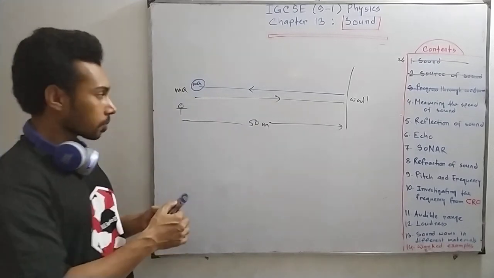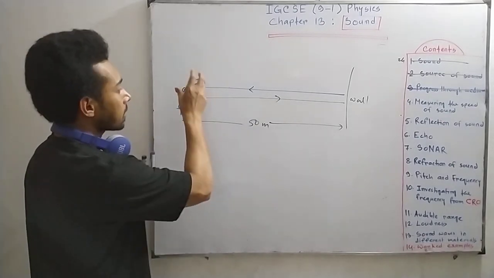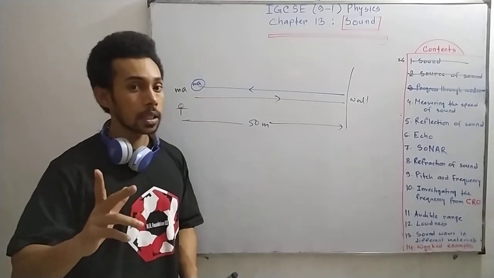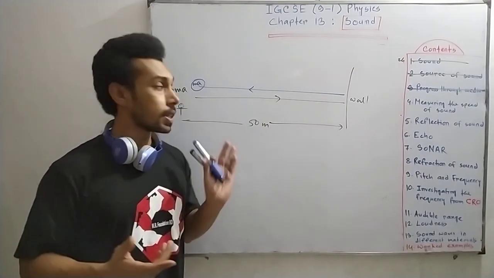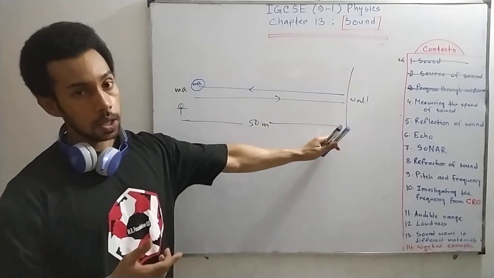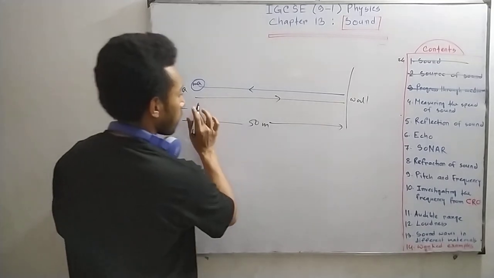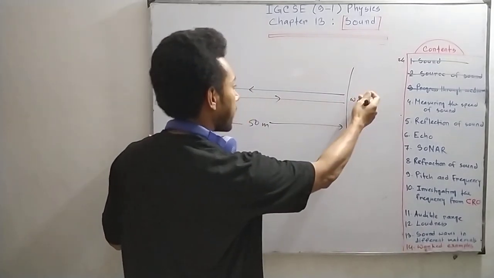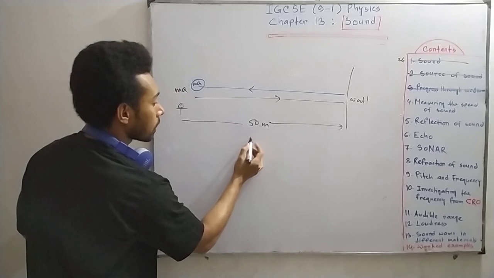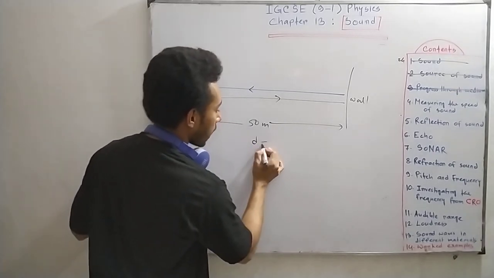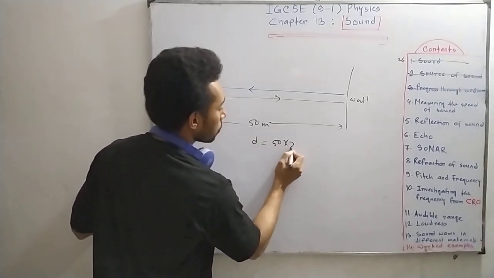By this time the sound has traveled twice the distance between you and the wall, because it has traveled 50 meter in this direction and again 50 meter in this direction. So the distance traveled is actually 50 into 2.